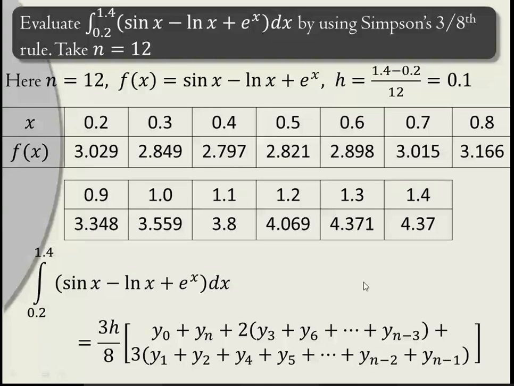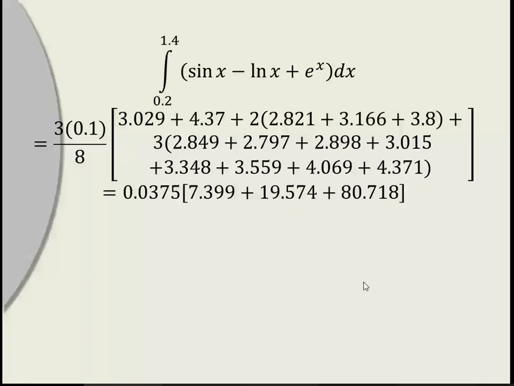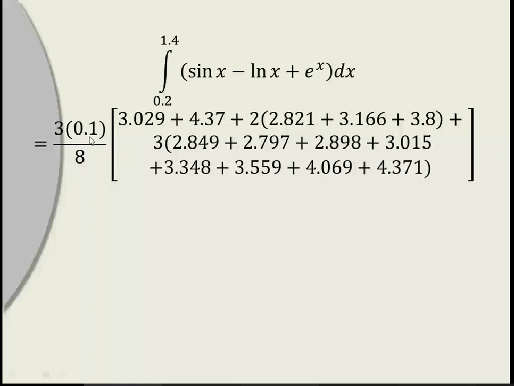So put it into the standard formula and simplify the terms. The simple substitution is there. So it is 3h by 8, h is 0.1, first plus last value, plus 2 times y3, y6, y9, plus 3 times y1, y2, plus y4, y5, plus y7, y8, plus y10, y11.